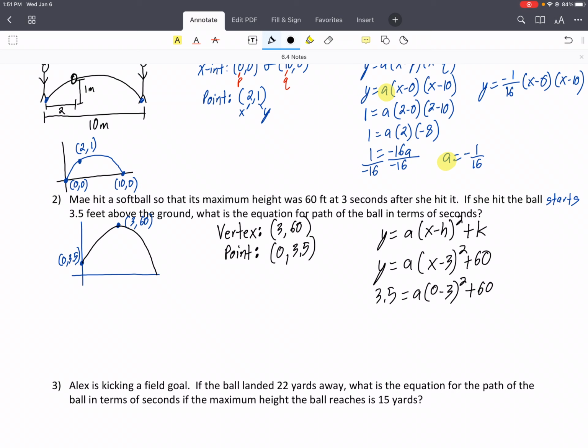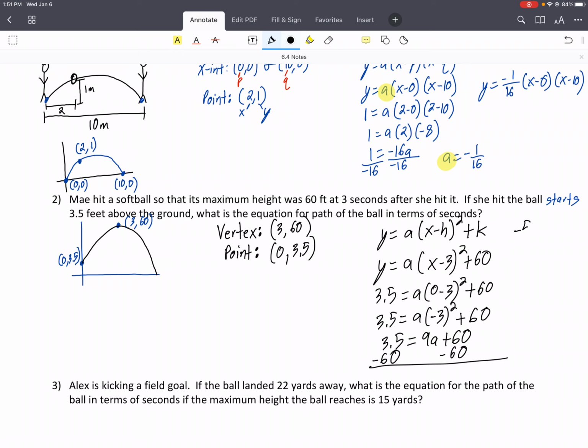And so then we get 3.5 is equal to a times negative 3 squared plus 60. Negative 3 squared is 9, so we get 3.5 is equal to 9a plus 60.